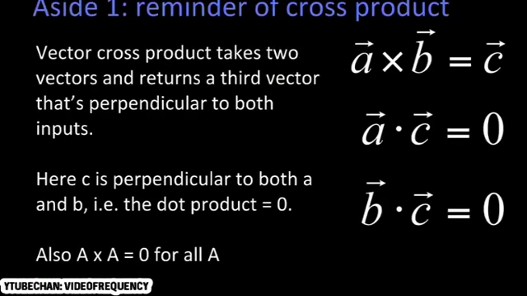The first is to remember that a cross product, A cross B, gives you a new vector C. That vector C is perpendicular to both A and B. The magnitude of that vector is equal to the sine of the angle between them, which should make you realize right away that any vector A cross itself is going to be 0, because the angle between the vector and itself is 0, and the sine is 0. So A cross B gives you C, C being perpendicular to A and B, and A cross A is equal to 0 no matter what.